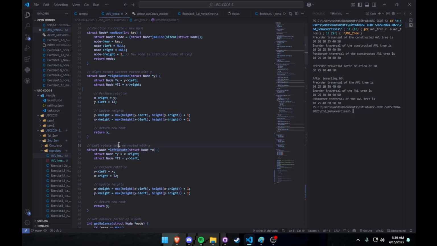So it's the same thing with the left, but rather than x, we used y, and y to the left, and then x. So basically the same thing, but then you change. So it would rather look like this.